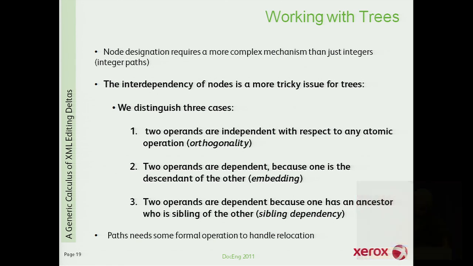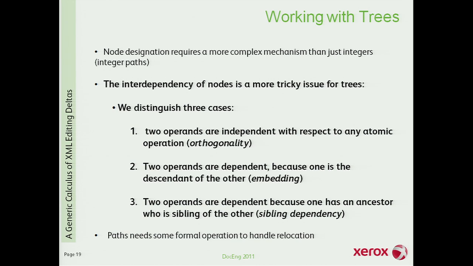Regarding the interdependency of nodes when you deal with trees, we distinguish three cases. The first one is when you have independence. Due to the topology of the tree, you can swap operations without problem, what we call orthogonality.